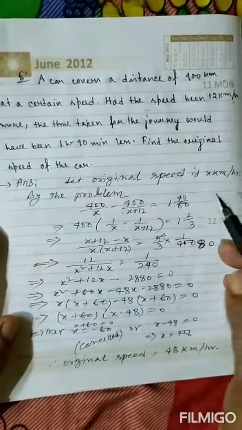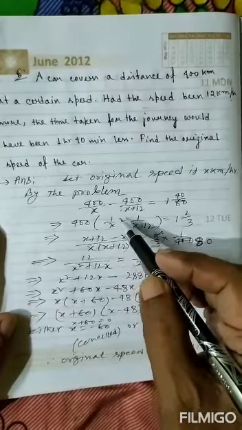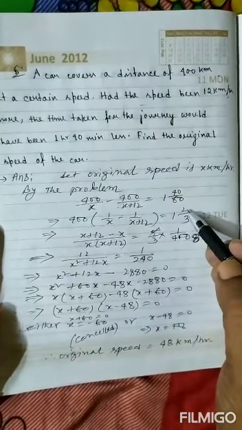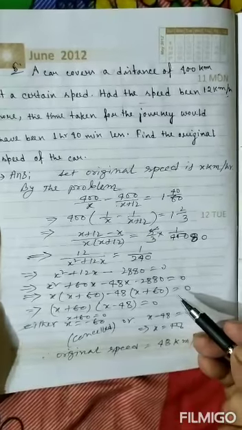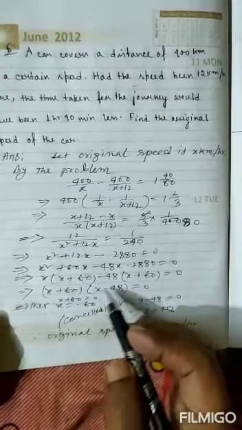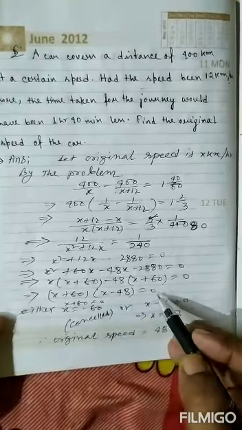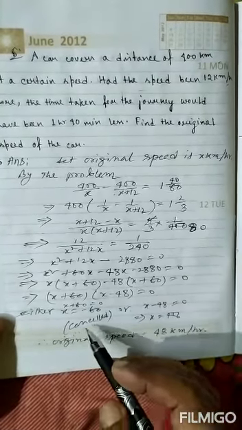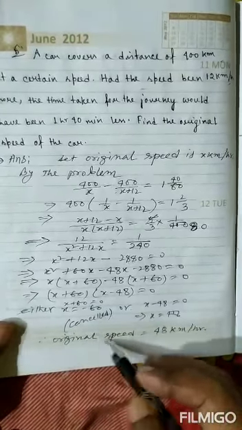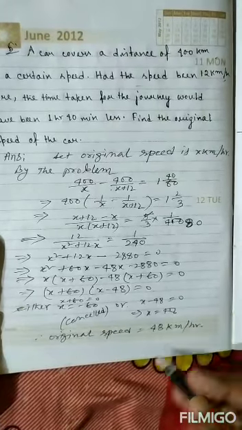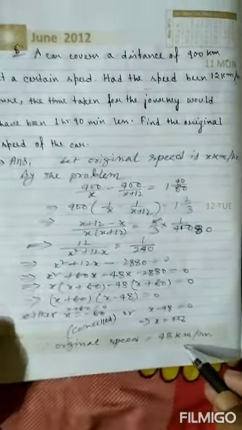By the problem, the equation will be 400 by x minus 400 by x plus 12 equal to 140 by 60. By solving the equation by factorization, we get that x plus 60 into x minus 48 equal to 0, where x equal to minus 60 will be cancelled as negative and x equal to 48. Therefore, original speed is 48 km per hour.